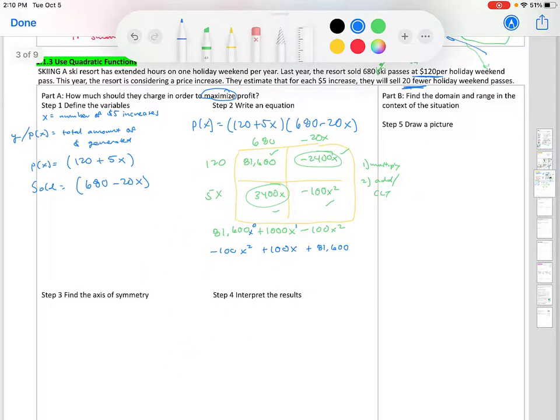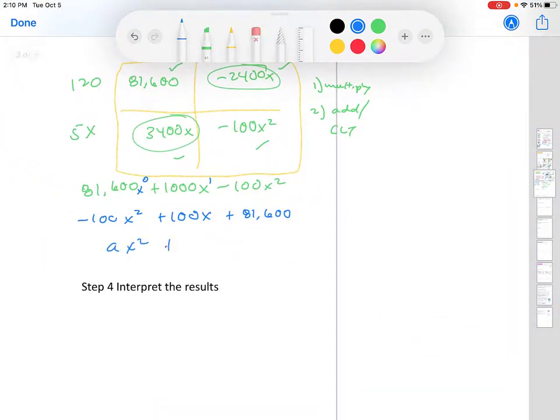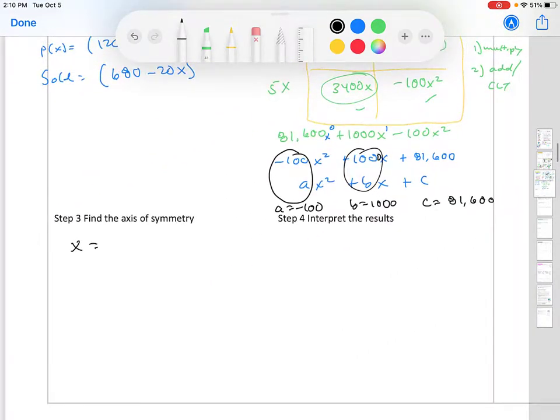Okay, so step number 3, find the axis of symmetry. So I'm going to write standard form above it. And I have A equals negative 100. B is 1000. Remember, when you're finding your A, B's, and C's, they're just numbers. There's never an x or an x squared in there. So our formula is x equals negative b over 2a.